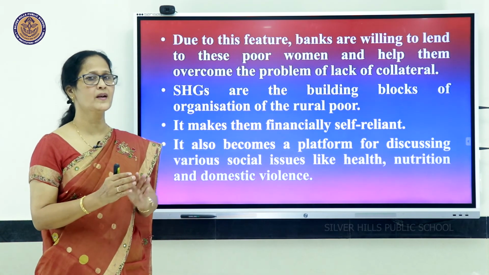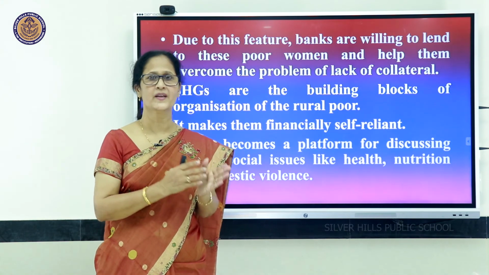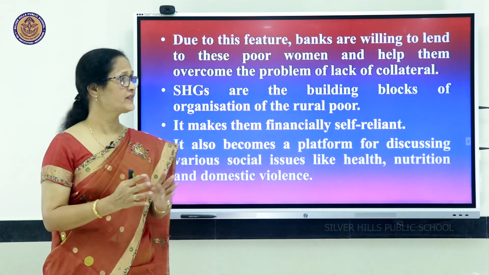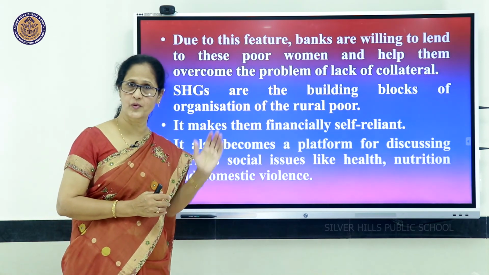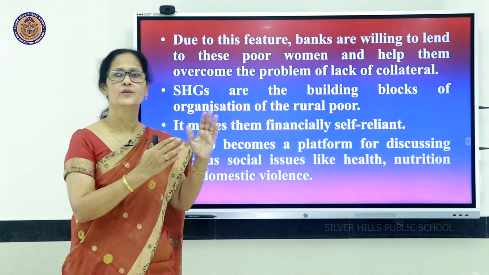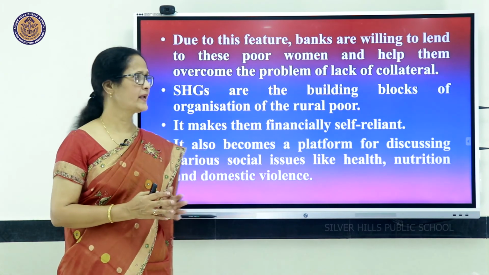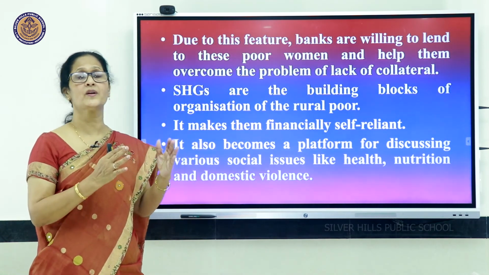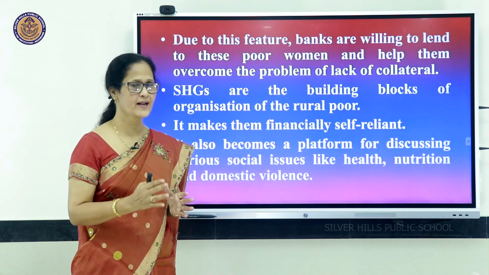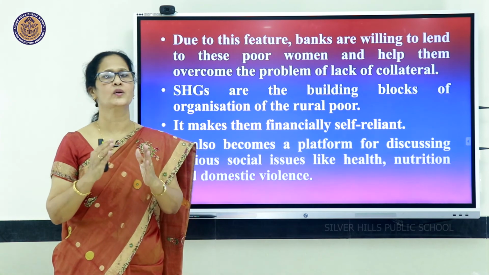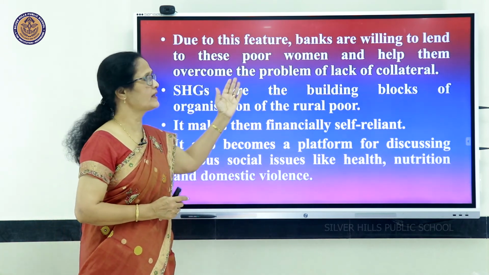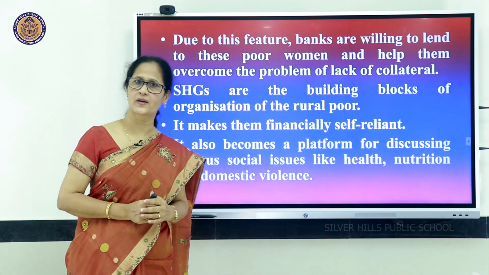Why are the poor not getting a bank loan? Because of absence of collateral. Now, if they are members of a self-help group, the banks are willing to lend to these groups, because the repayment of the loan is the responsibility of the group, even in the absence of collateral.